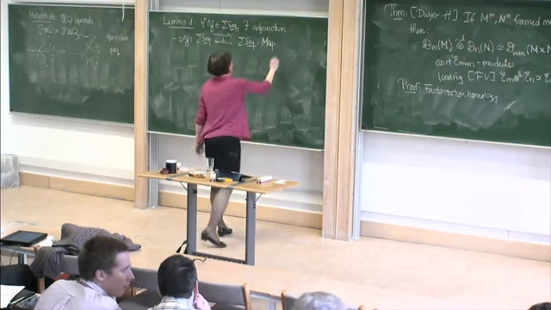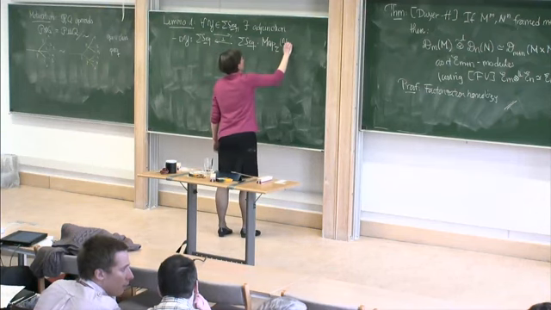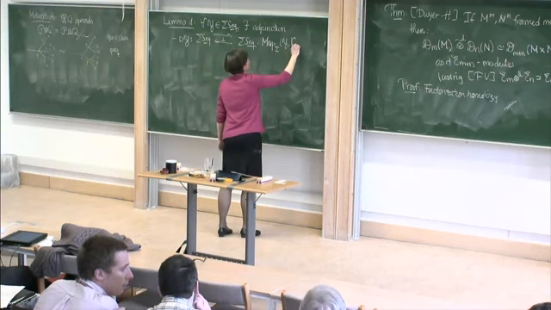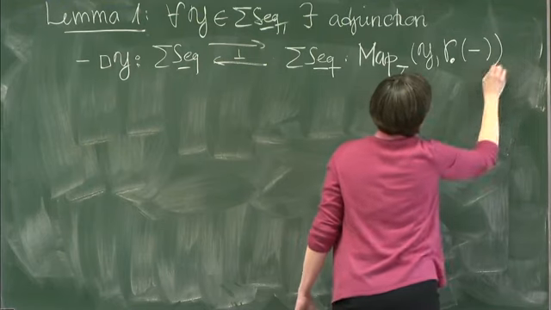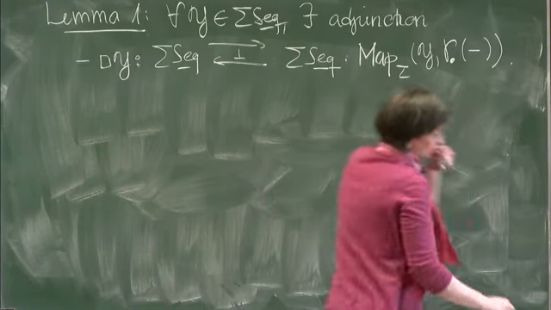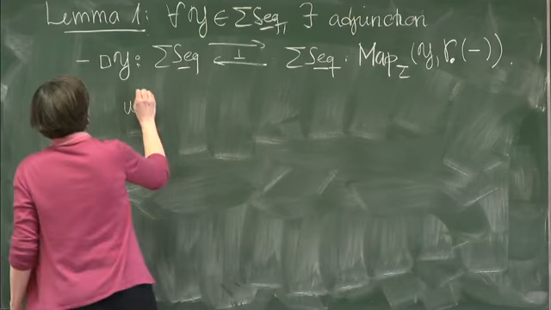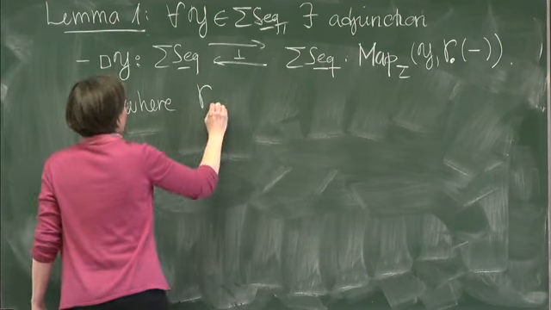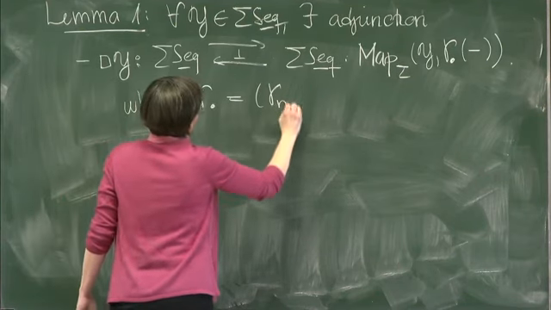We look at the sigma equivariant maps from y into some construction that I call gamma dot. And this gamma dot is actually interesting. Gamma dot is some collection of functors.